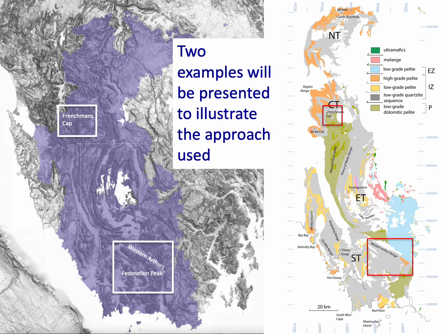Two examples will be presented to illustrate the approach used to develop the Tyennan allochthon structure and relationships in macrostructure. These include the Frenchman's Cap area and the Western Arthur Range and Federation Peak. These are iconic parts of the Tasmanian Wilderness World Heritage Area.